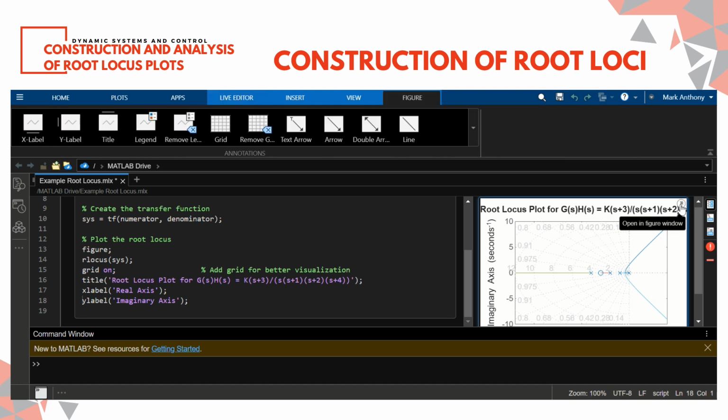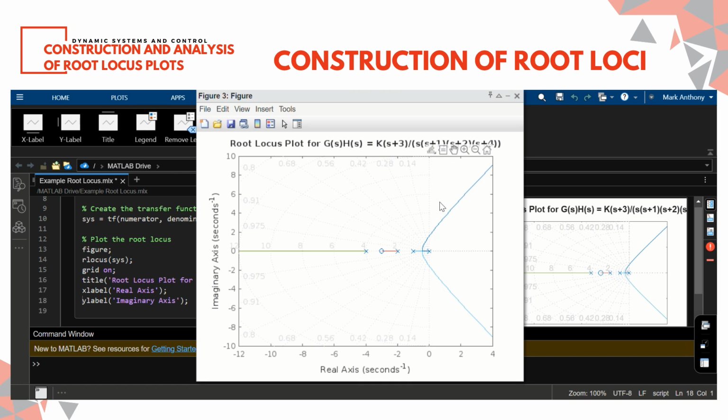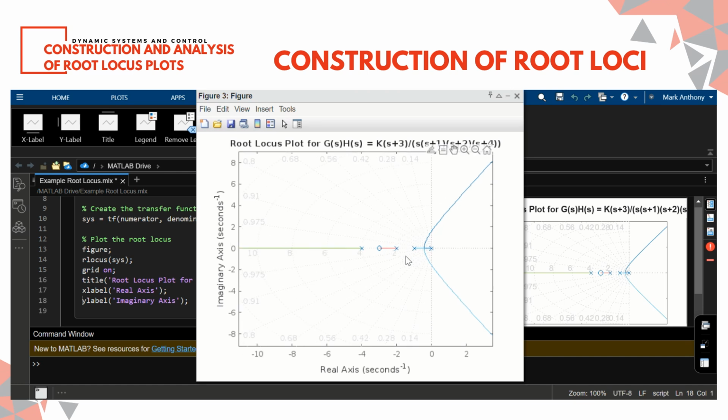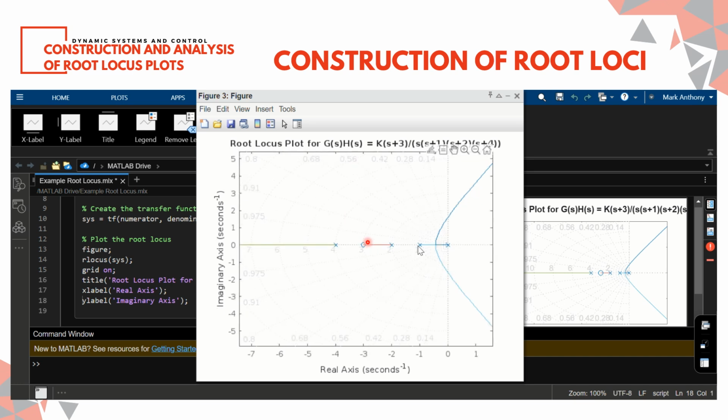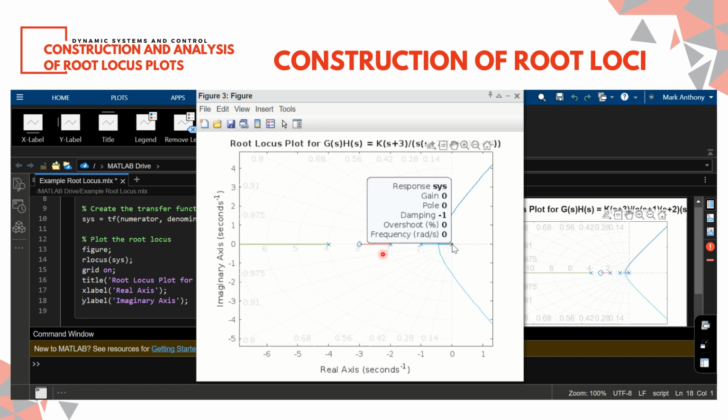So this time we have here the zero, which is negative 3, and our poles: negative 1, negative 2, and negative 4, plus the pole at the origin.